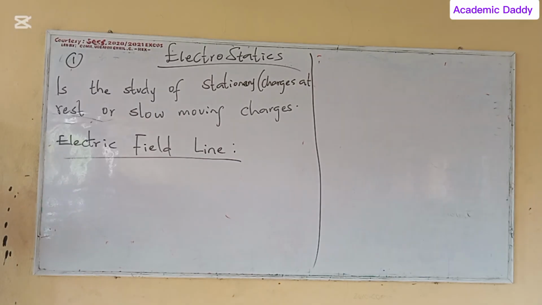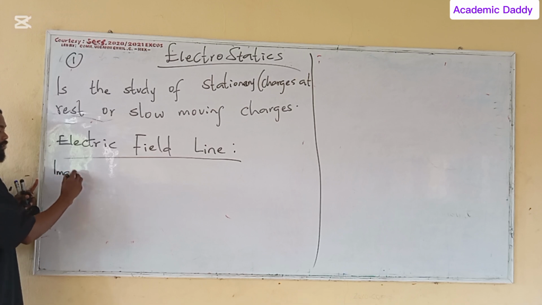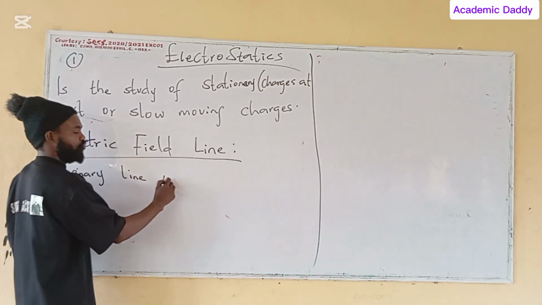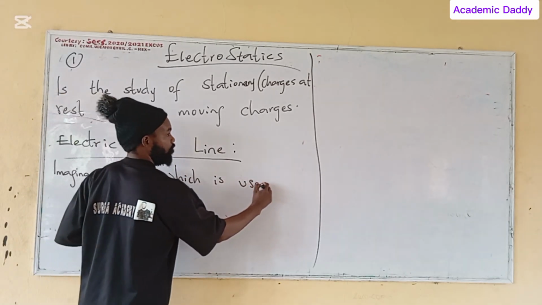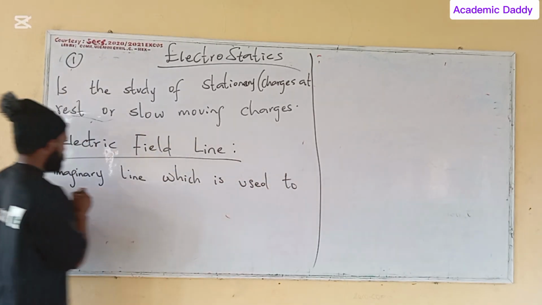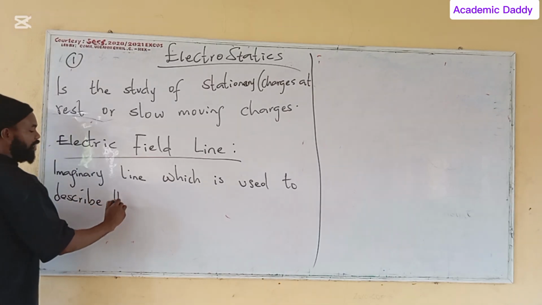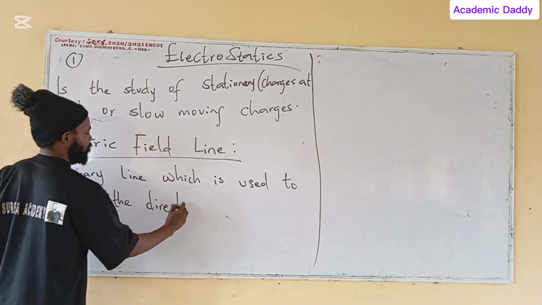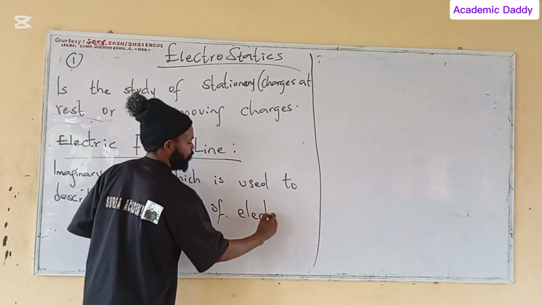I normally define this simply to my students as an imaginary line which is used to describe the direction of electric field.